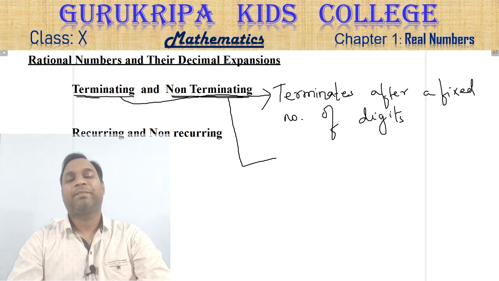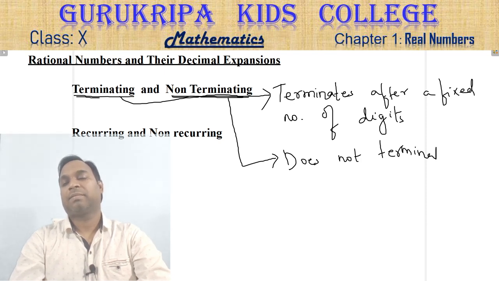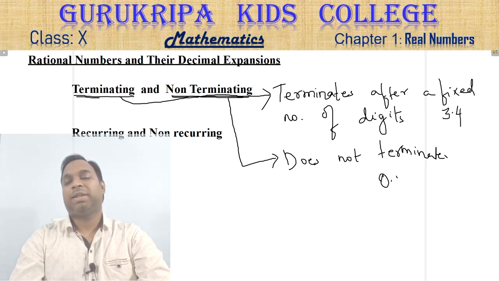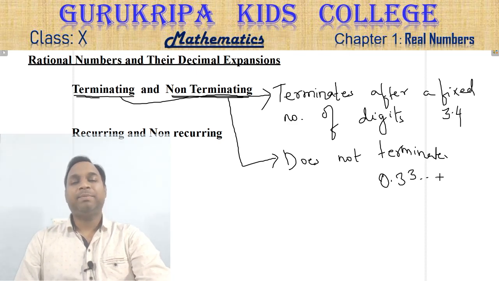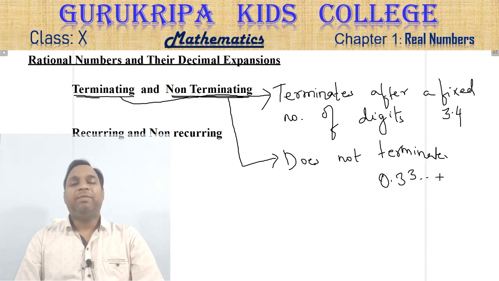Non-terminating does not terminate. We had examples like 3.4 over here, 0.33 over here, and 3 keeps on repeating.